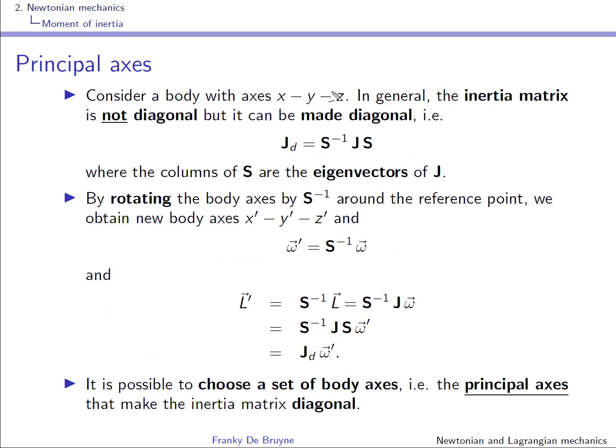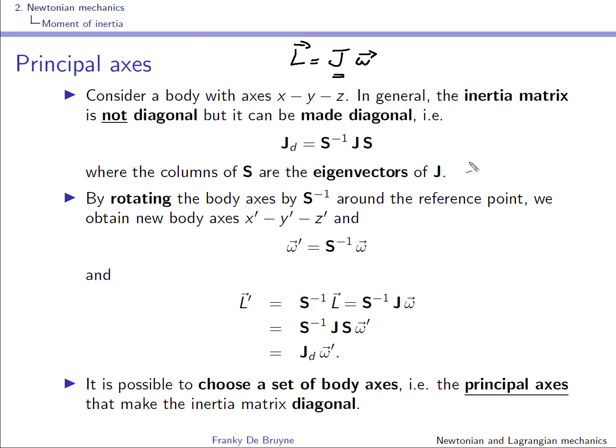Okay, we've just seen that the total angular momentum is equal to J times the angular velocity vector. In general, this inertia matrix is not diagonal. We've seen in the linear algebra course that we can actually make a matrix diagonal.